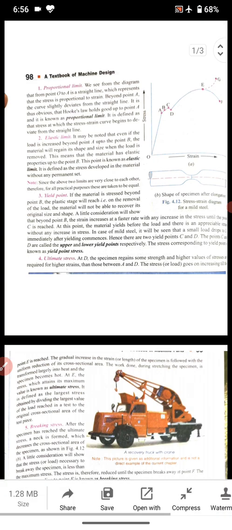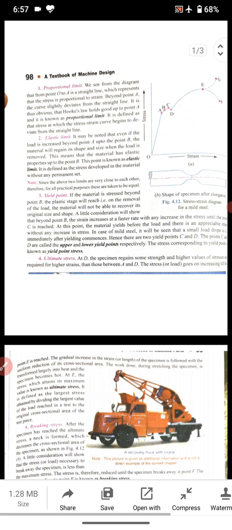So, but if you see that A and B point is very close in the curve, so for practical purpose these 2 points can be taken as one or taken to be equal, that is point A is equal to point B, but actually both are different.